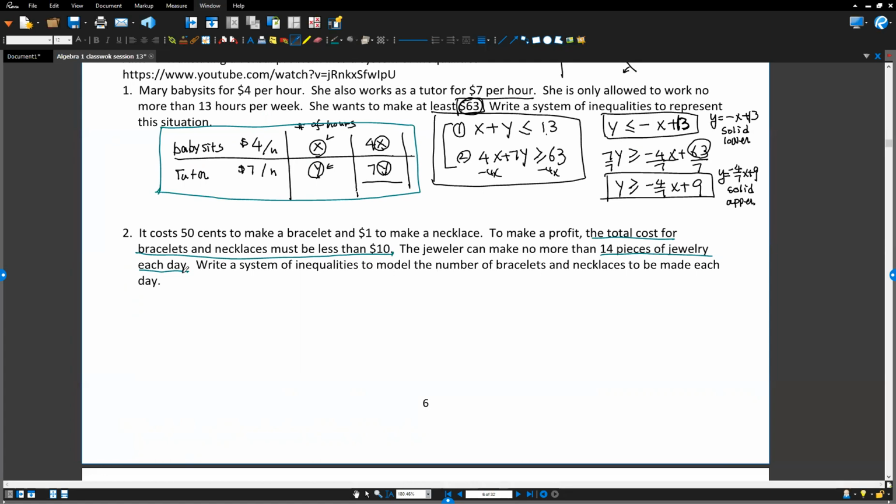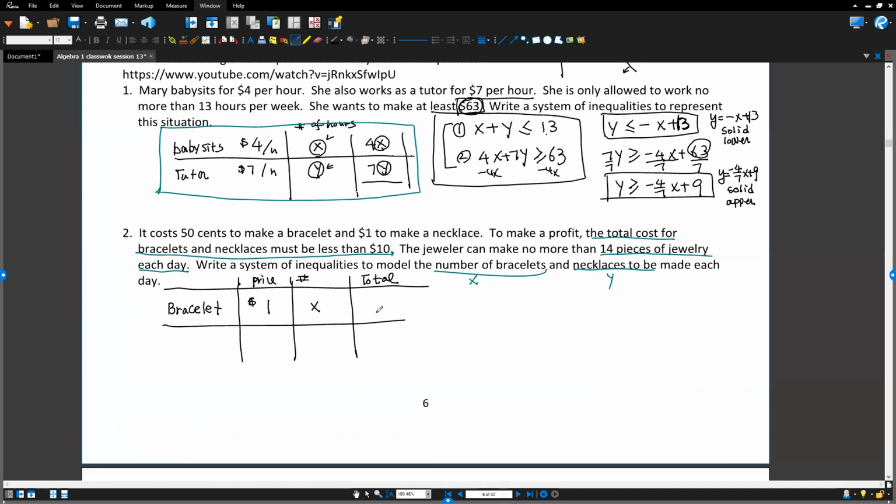So we're going to write a system of inequalities to measure the number of bracelets and necklaces. I'm going to say the number of bracelets is X, and the number of necklaces is Y. So over here, bracelet, the unit price, and the number, and that is the total each day.